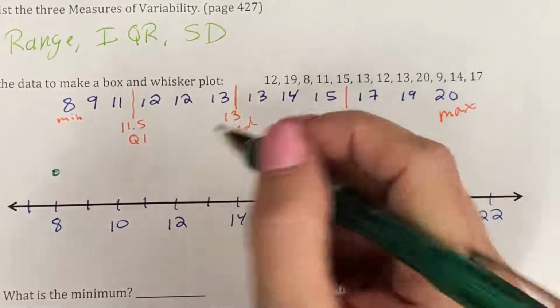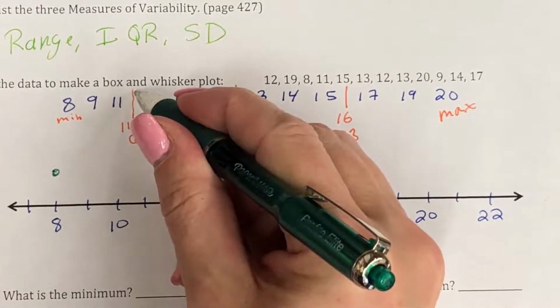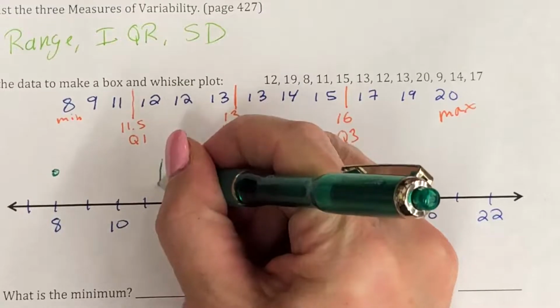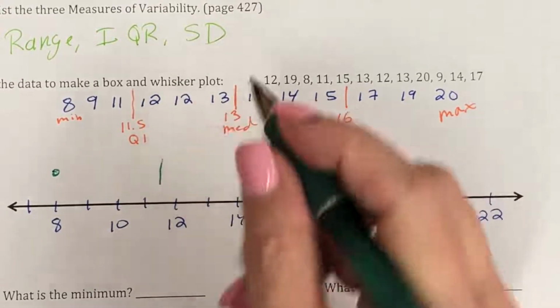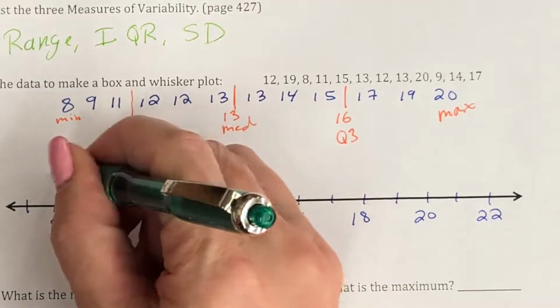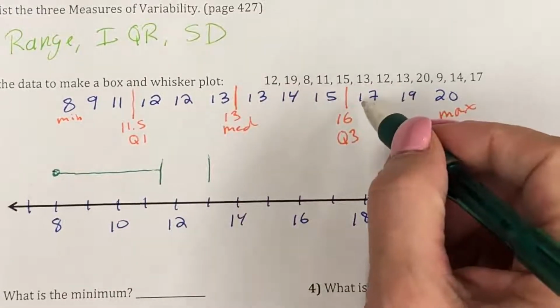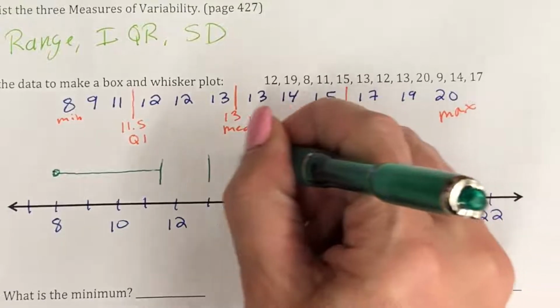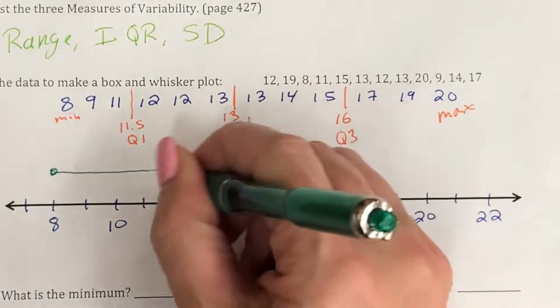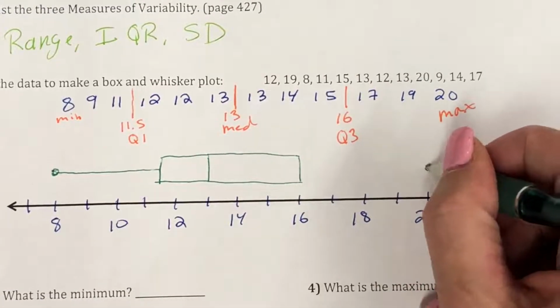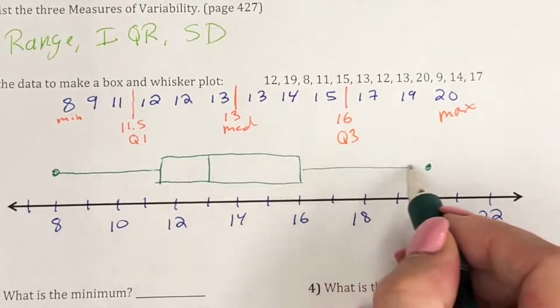That's my left whisker. And at 11.5, that's the left side of my box. Then the median is 13. And the right side of my box is 16. And my max is 20. That's my right whisker.